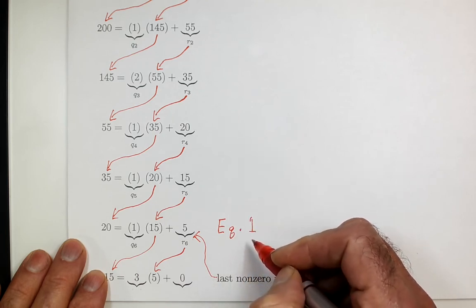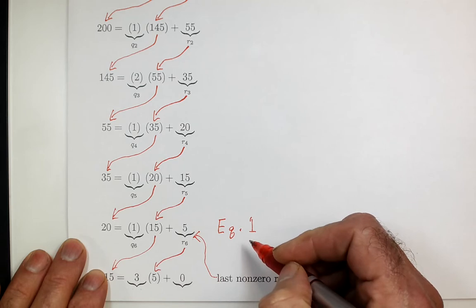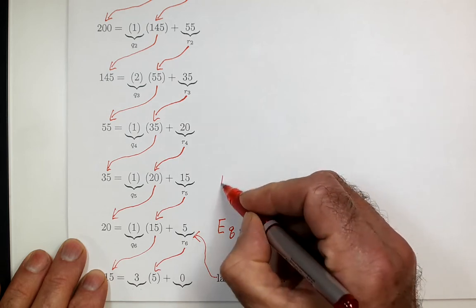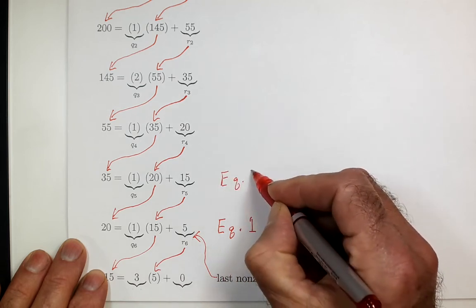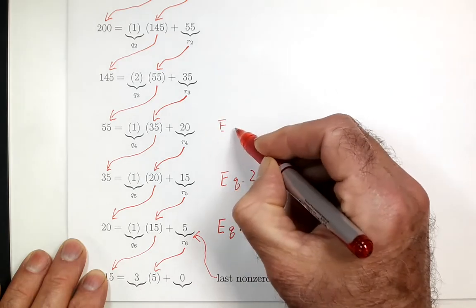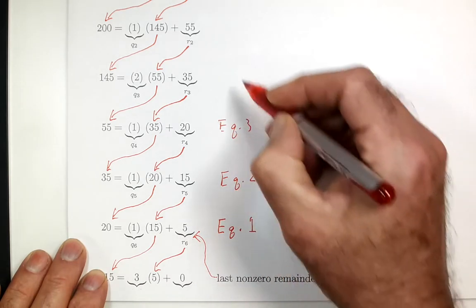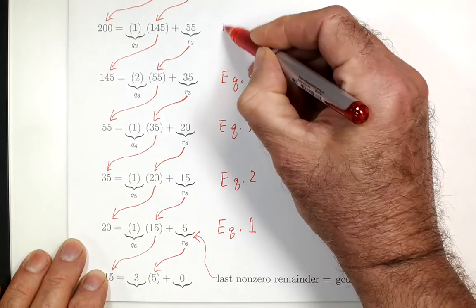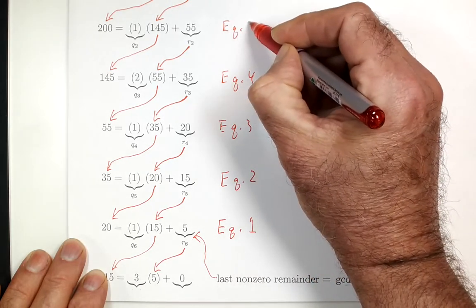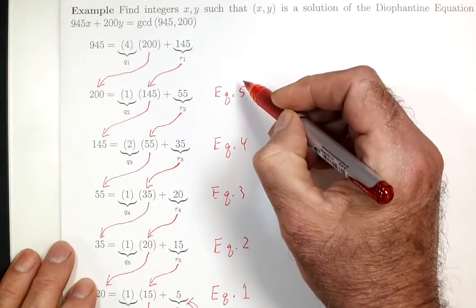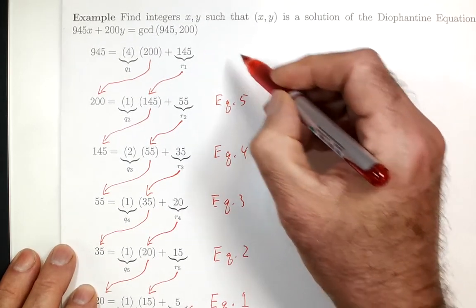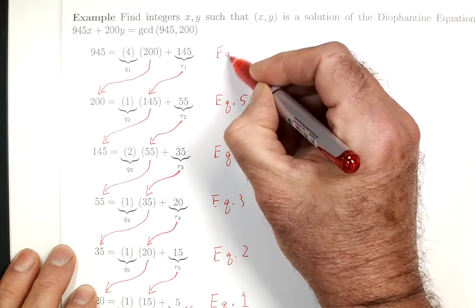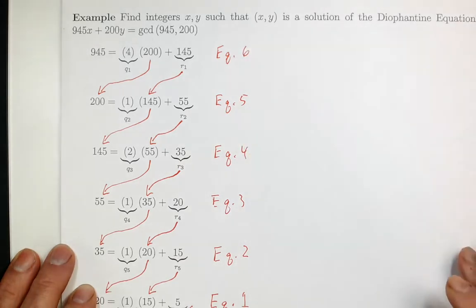Then, moving backward, we label the predecessors equation 2, equation 3, equation 4, equation 5, and finally we're up here at equation 6. That's a lot of equations.